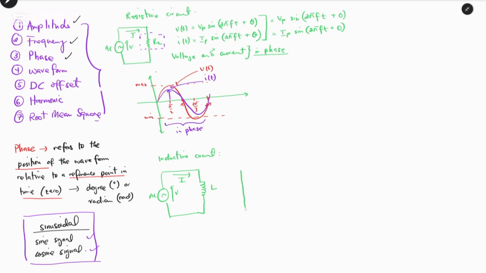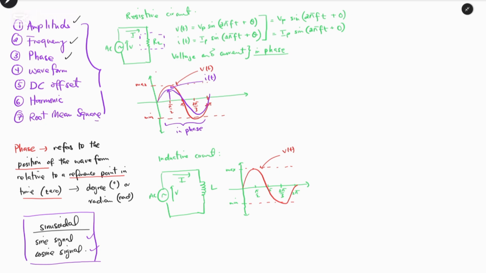And the waveform for this inductive circuit can be given as the max amplitude, and we can have the mean amplitude, and we can have π/2, π, 3π/2, and 2π. And for the voltage, this represents V(t).